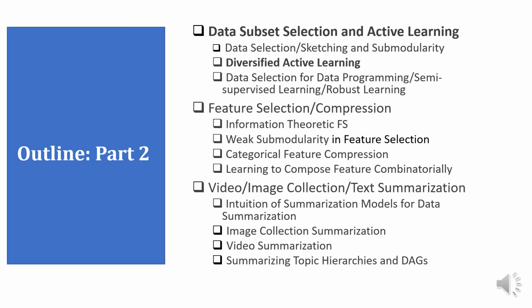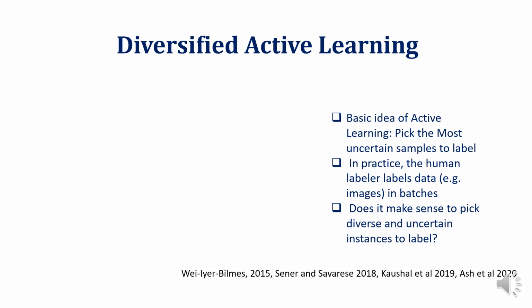We now move to the next application of data subset selection, which is active learning, specifically diversified active learning. To begin with, we'll assume that in diversified active learning, we have a warm start, which means that we have a reasonable amount of labeled training data based on which the estimated uncertainties are reliable.